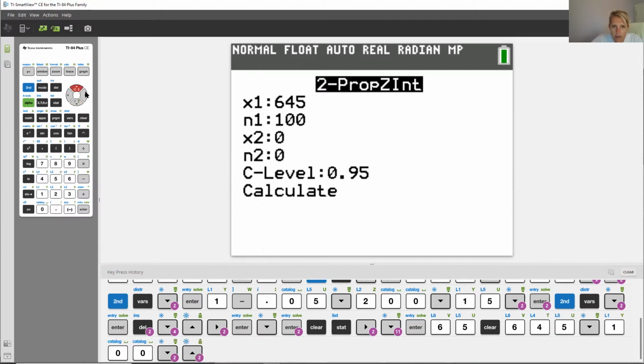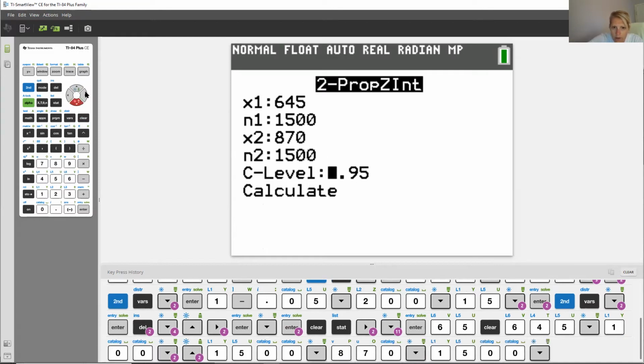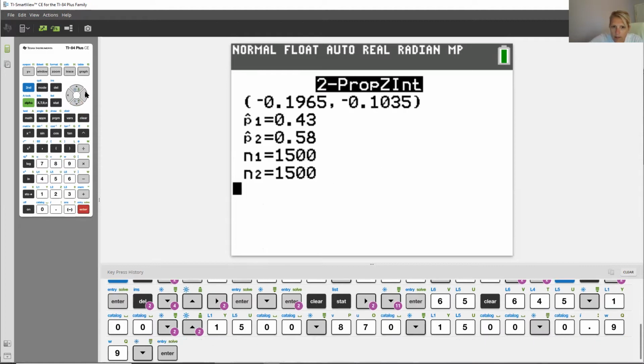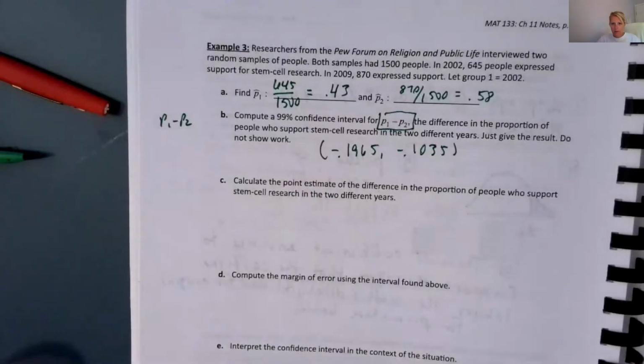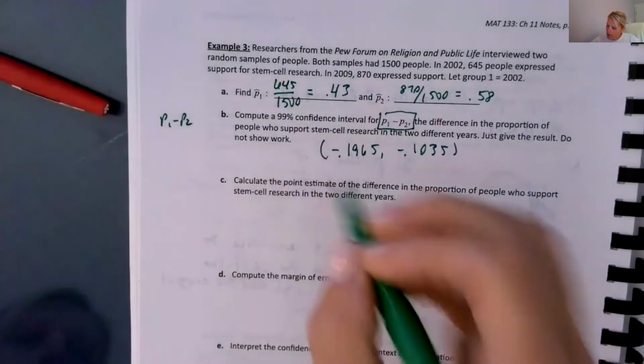This is so touchy. 1500. And then 870 out of 1500, and then we have to put in a 0.99 and hit calculate. And there we have it. So let's just go back to what it looks like on our course pack. So there it is on our course pack, our lower and our upper.